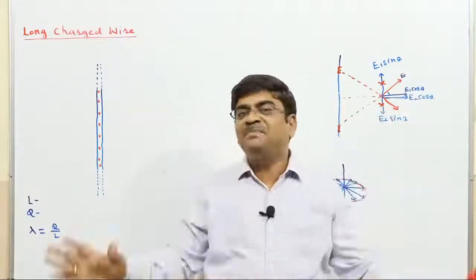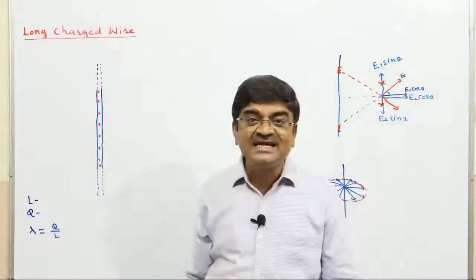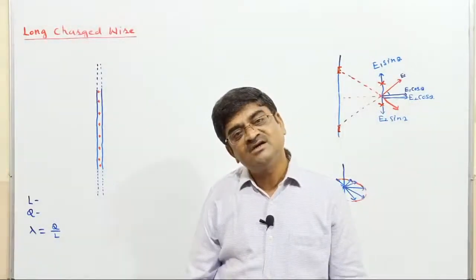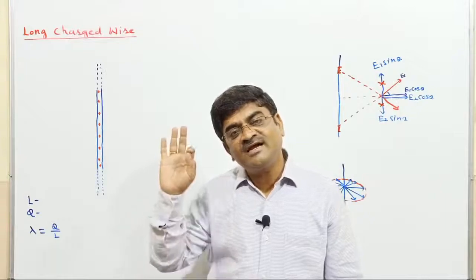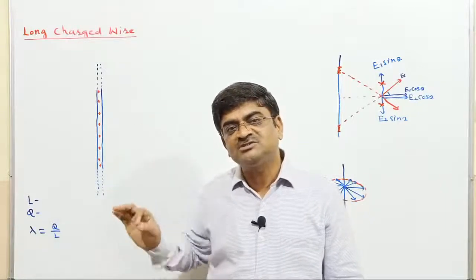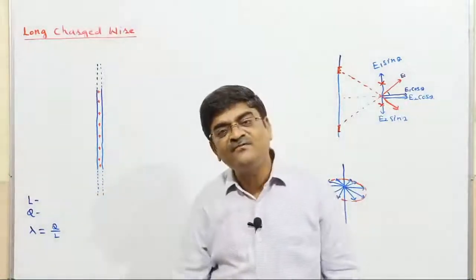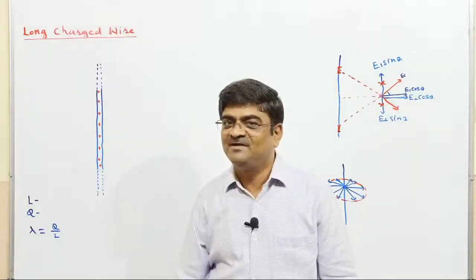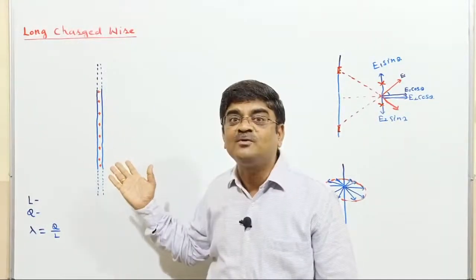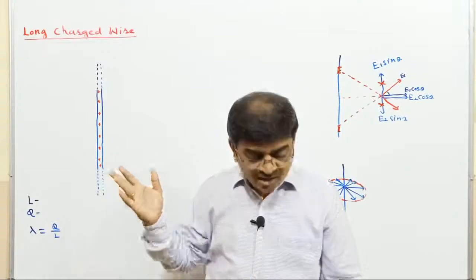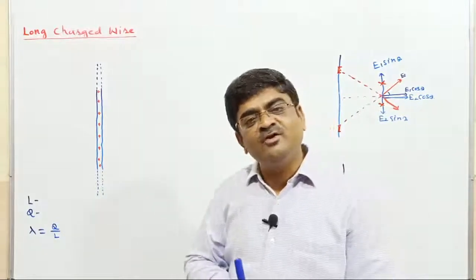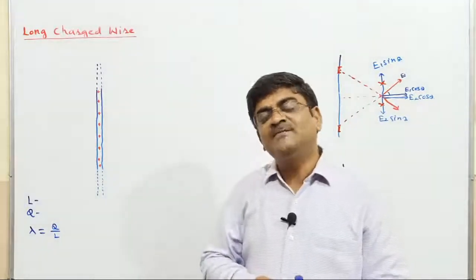So with this much background, in the present case my aim is to get the electric intensity due to a long charged wire with the help of Gauss law. So I would like to apply Gauss law for the present scenario. And according to the steps that I have narrated to you, what is your first step?